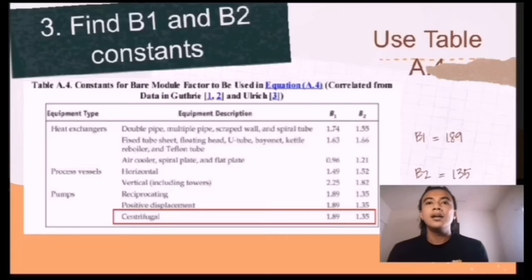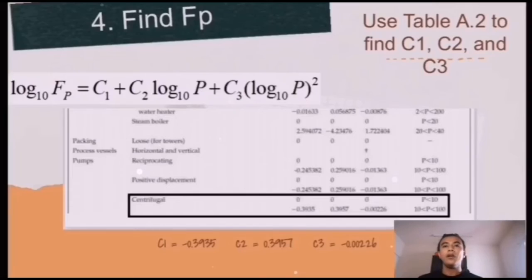Since our pump is centrifugal, our C1, C2, and C3 are negative 0.3935 for C1, 0.3957 for C2, and the C3 is negative 0.00226, because our P is between 10 and 100 range.